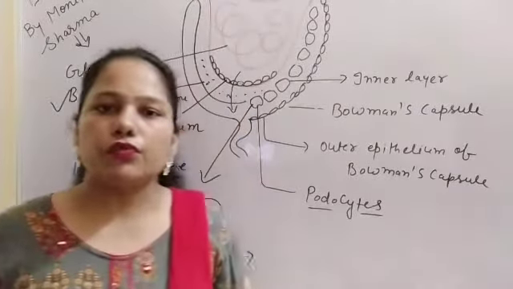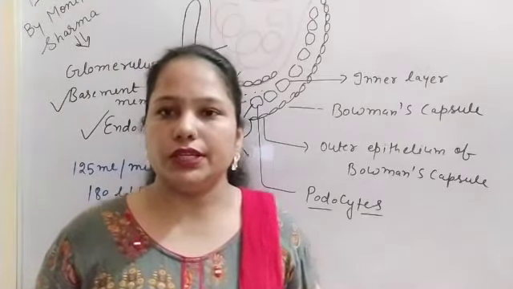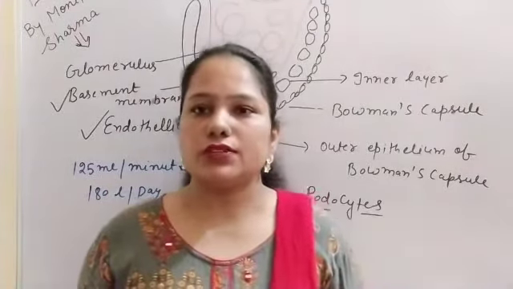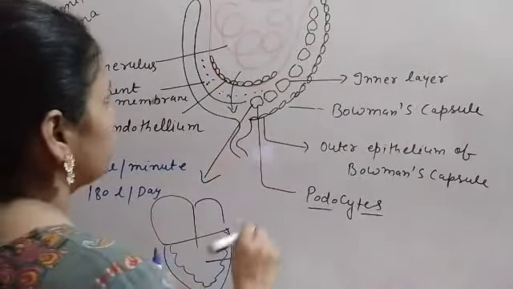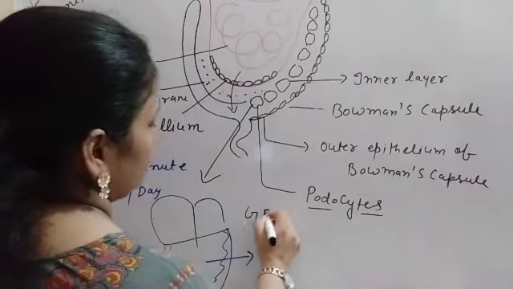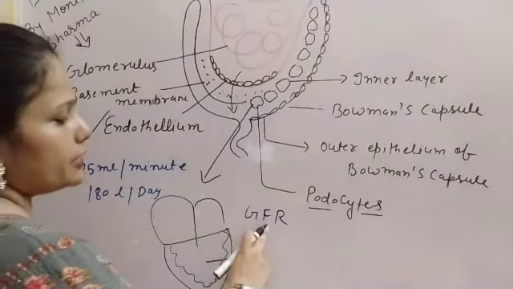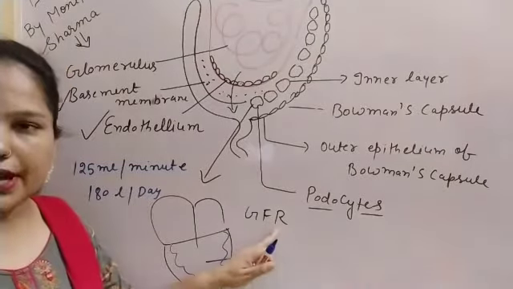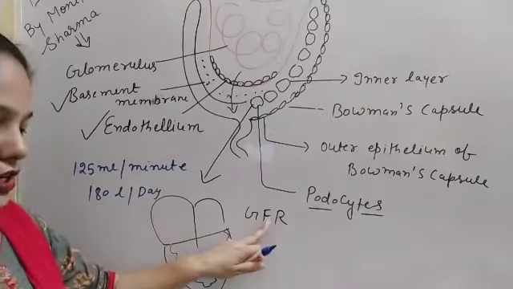The amount of filtrate filtered by each kidney per minute is known as the glomerular filtration rate, or GFR. G stands for glomerular, F stands for filtration, and R stands for rate.